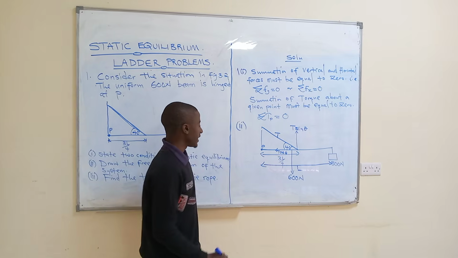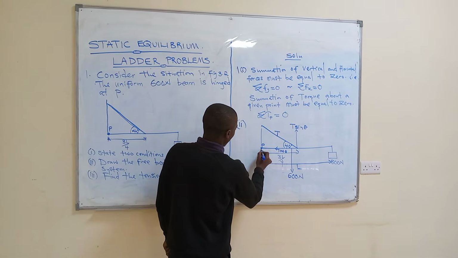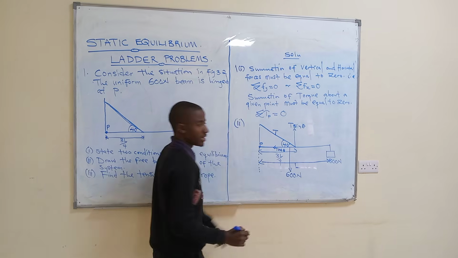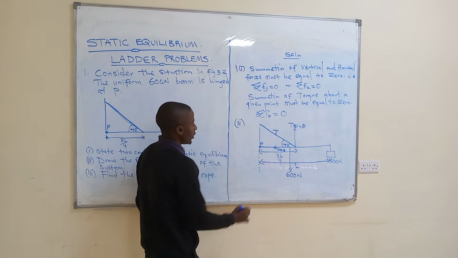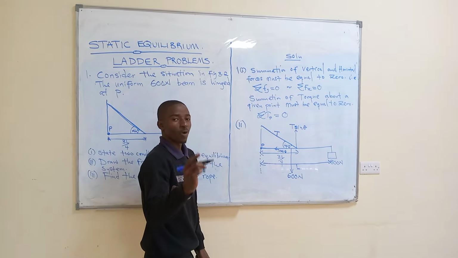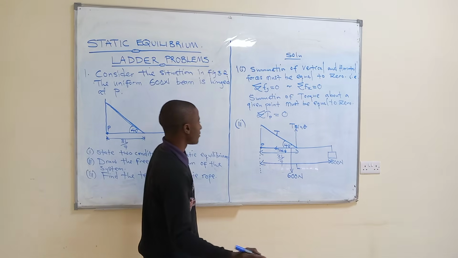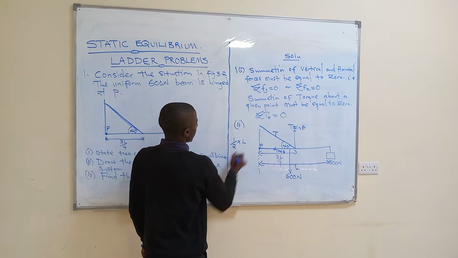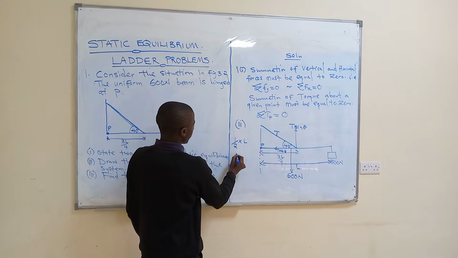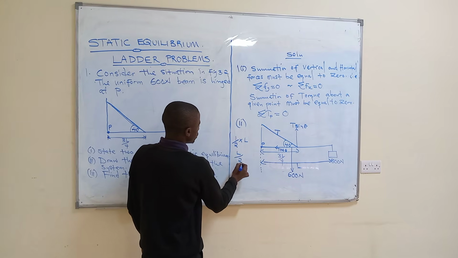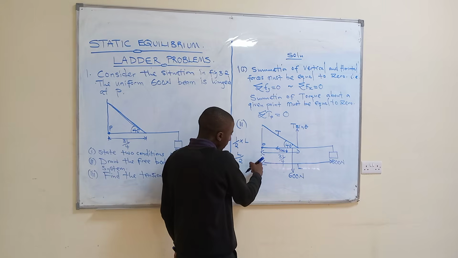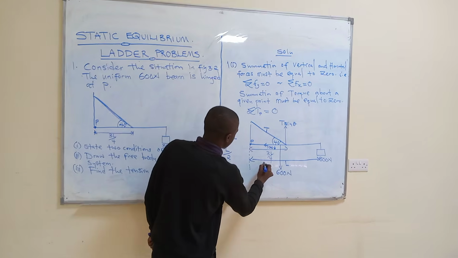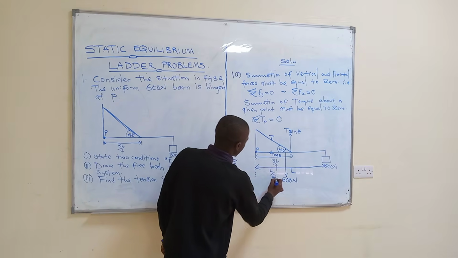So for you to obtain the distance from the pivot point, which is P, to where this 600 was being applied, you have to multiply by 1 over 2. Why? Because it is half, that is 1 over 2 multiplied by length. 1 times length, you are going to obtain length over 2. So the distance from P to where the weight acts is L over 2.